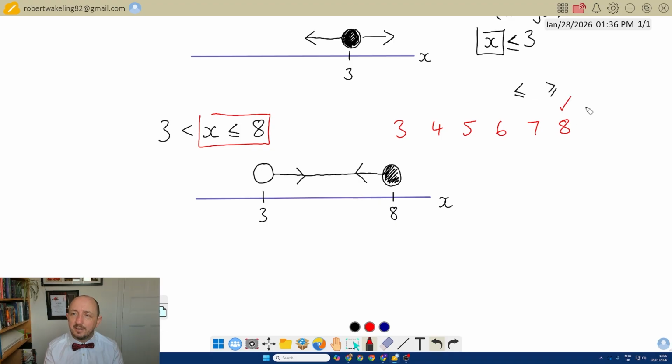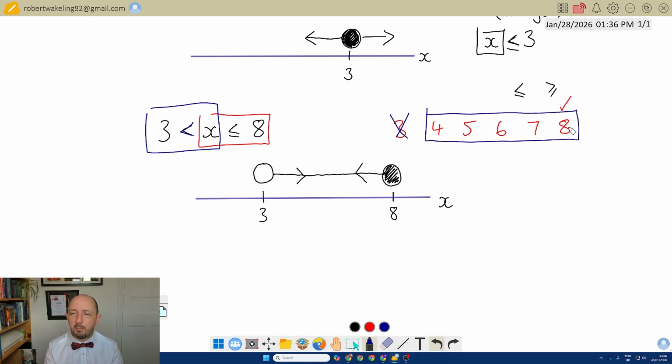So 8, it's fine to include 8 because of the equal sign. But on the bottom end, if I read it like this, x is greater than 3. X has to be more than 3. So 3 is not allowed to be included. So these are our integer whole number values that can satisfy this inequality.